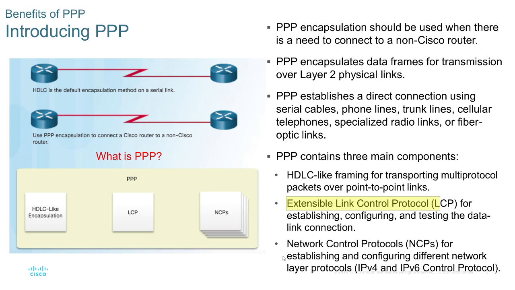So that is mainly for controlling what is happening with the link. Then we will also have network control protocols. This will be about establishing and configuring different network layers, things like an IPv4 control protocol or an IPv6 control protocol. So these can again run above the layer 2 environment.